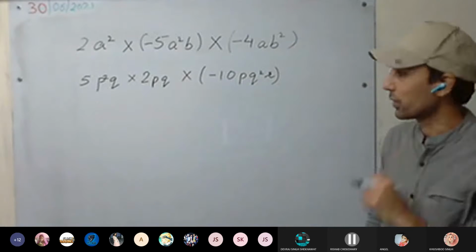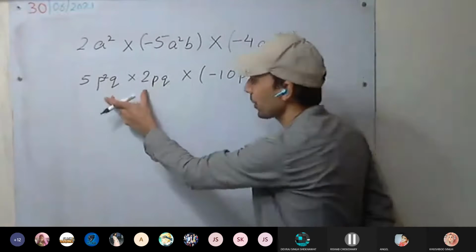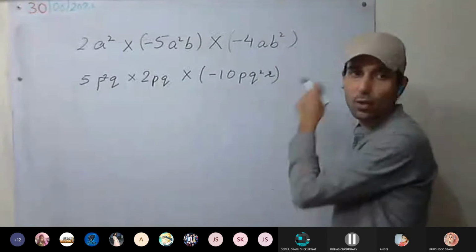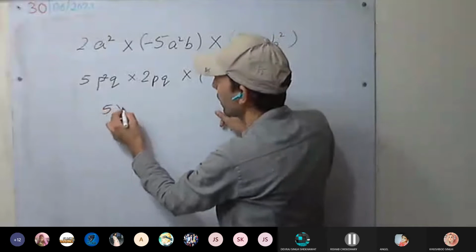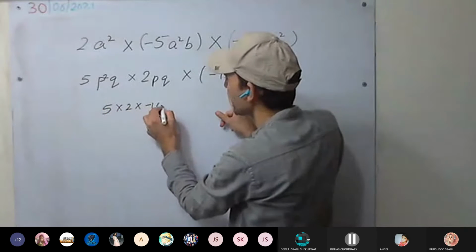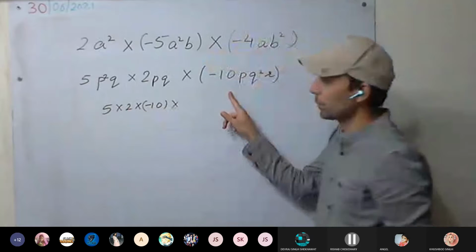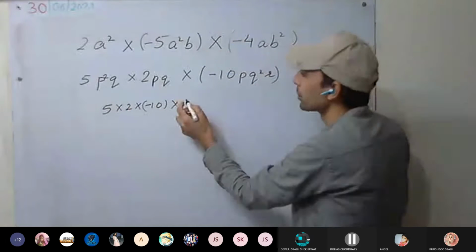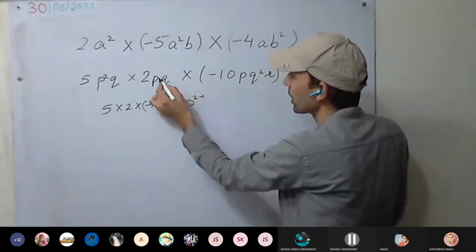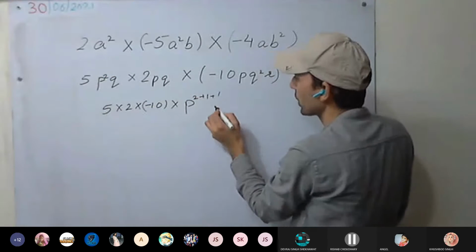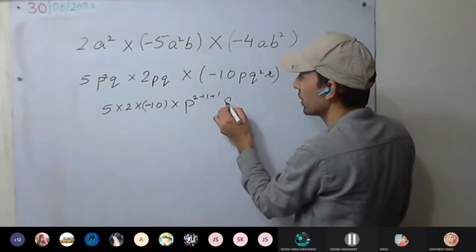How are you going to multiply this one? Either you can multiply any two numbers first, then with the third number, or you can go in one go. This is how you can go in one go: 5 into 2 into minus 10. Constants we have multiplied in one place. Then p raised to power 2 plus 1 plus 1, or you can write straightforward as well.